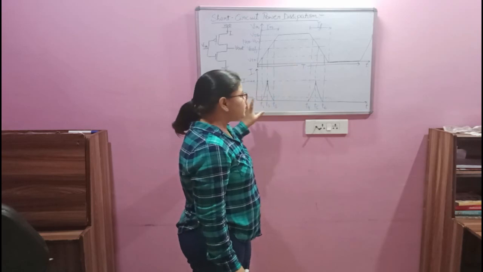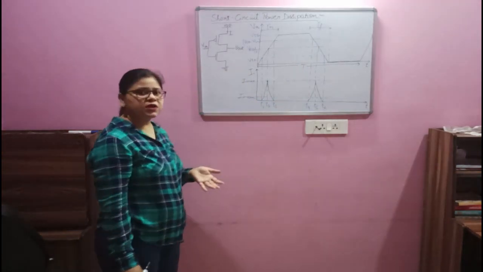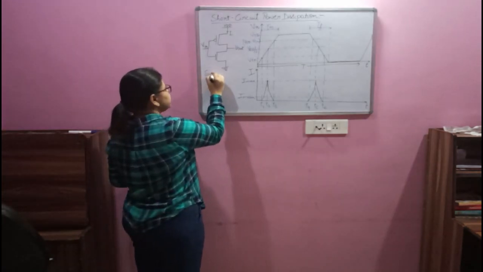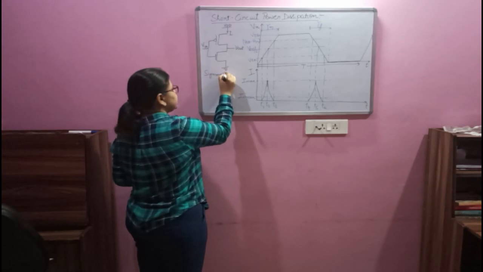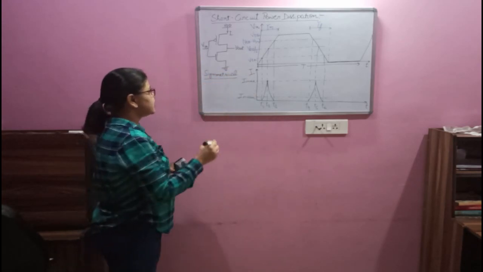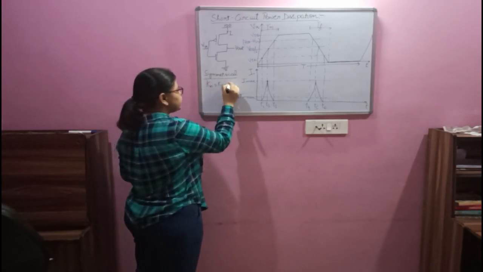Now for the further calculation or derivation of short circuit power dissipation, I'll consider that this is a symmetrical inverter. This symmetricity says that the transconductance parameters of NMOS and PMOS will be equal.